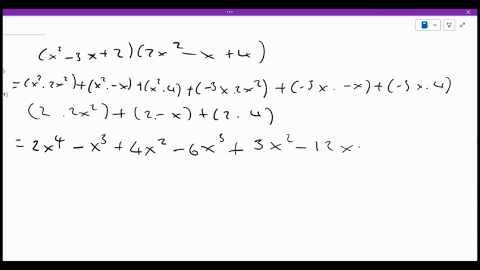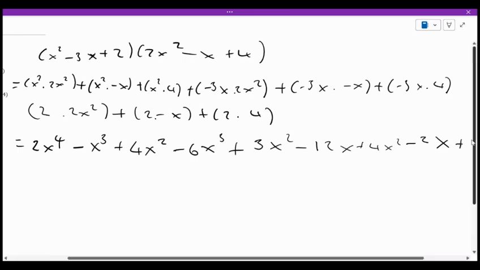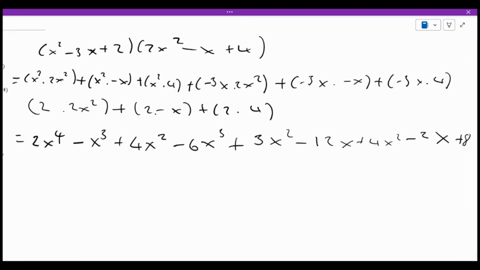Now here, that's just 4x squared. Plus 2 times negative x, that is negative. We're going to get a negative, and then we're going to get a 2x plus 8. And then we look at our like terms.